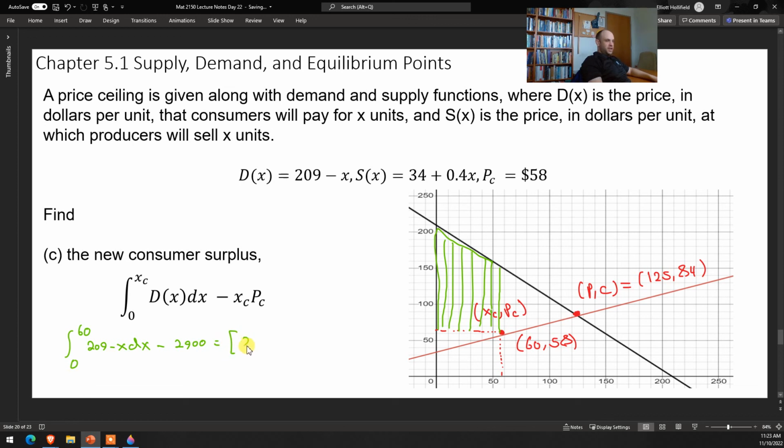So we find the antiderivative, 209x minus x squared over 2, evaluated from 0 to 60, and then subtract 2,900. Now we plug in 60. Let's see, what do we get when we do that evaluation?